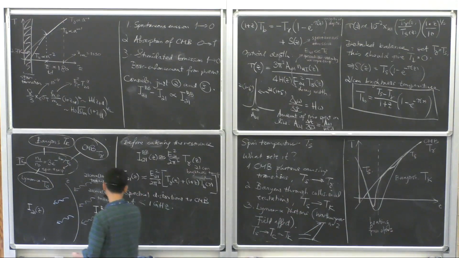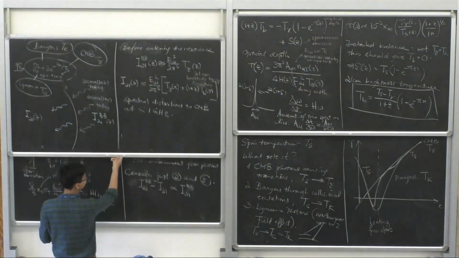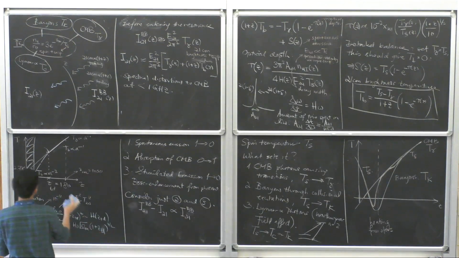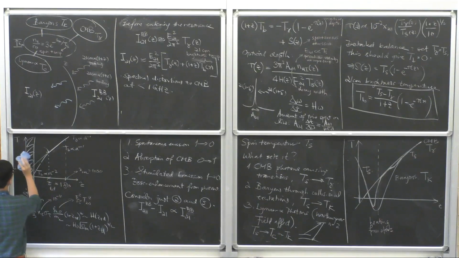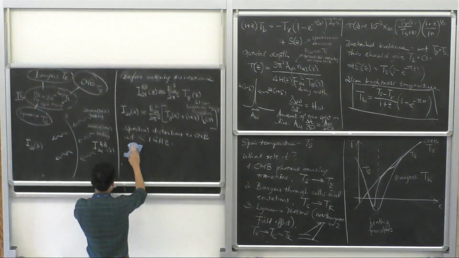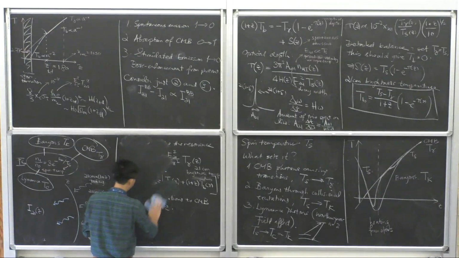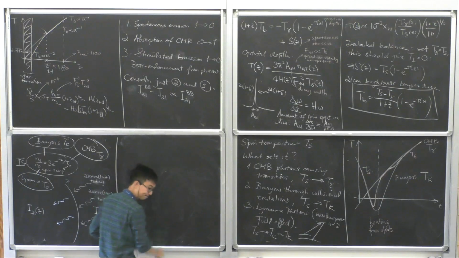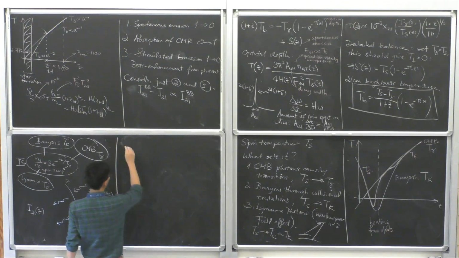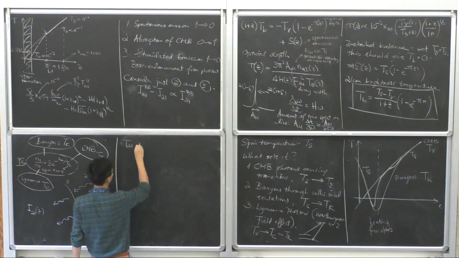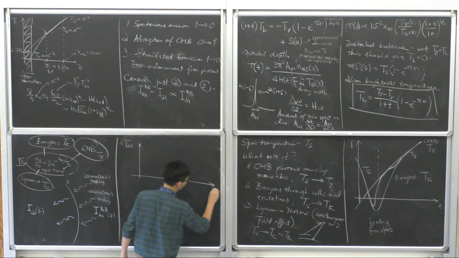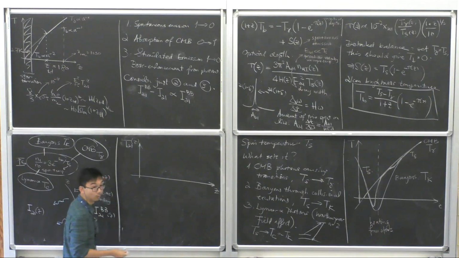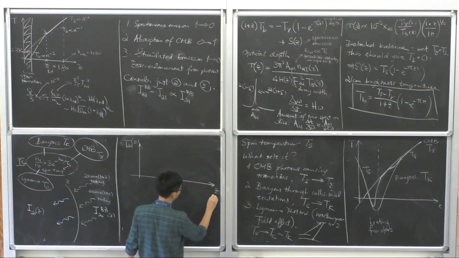If I draw this as T21 as a function of Z, okay, or equivalently, you can think of this also as a function of frequency.